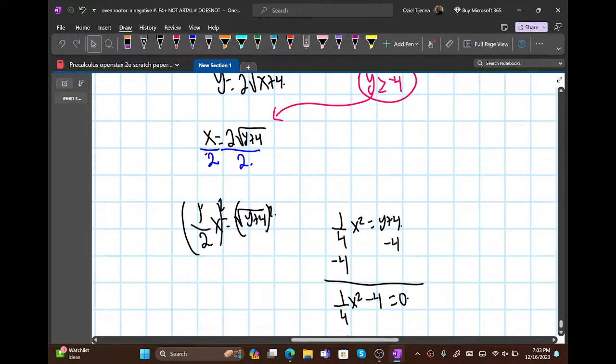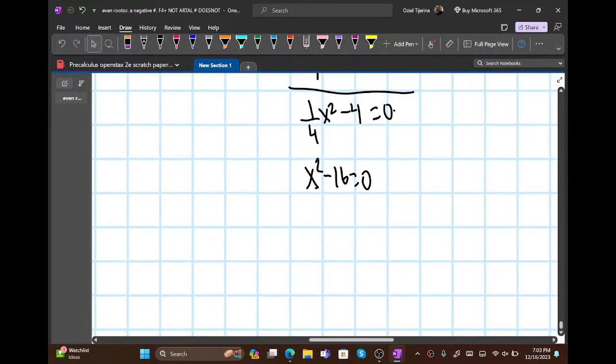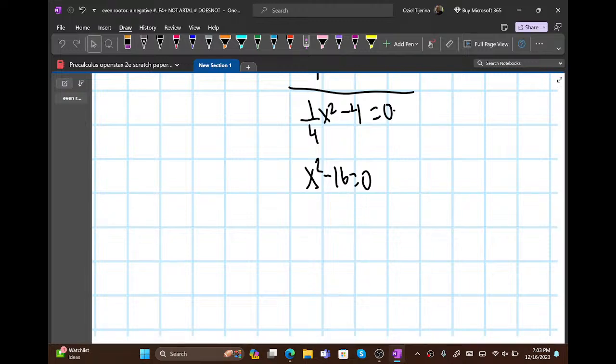And you said complete the square, but then again, if I do that, this is going to be plus 16, plus 16. We're going to have x squared plus bx plus c1 equals 16 plus c1.